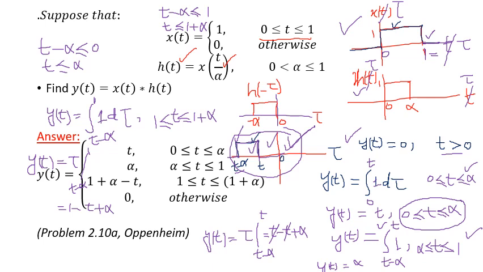After this interval, you notice that this signal moves past the other signal, so y of t will be 0, for t equal to or greater than how much?